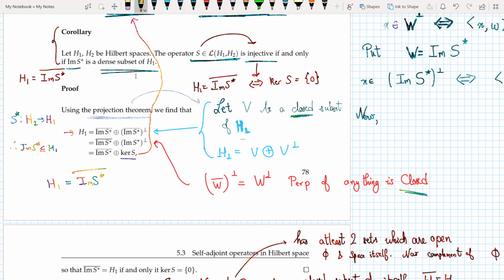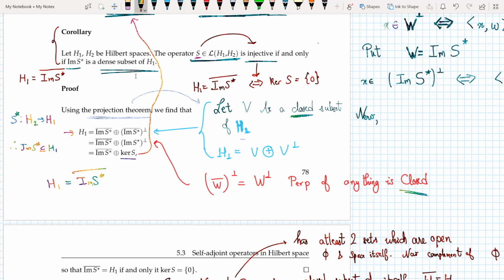So there we are. Let me repeat once more what we did in this corollary. We had an operator S from H1 to H2, and S star goes from H2 to H1. So I used the projection theorem. I said H1 is equal to V direct sum V perp, where V is a closed subset.